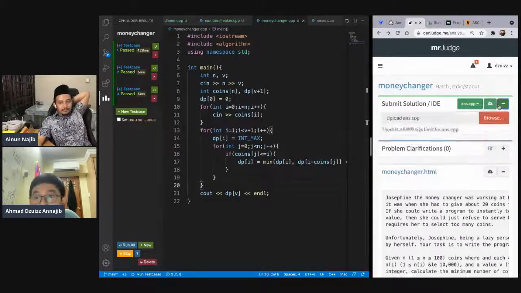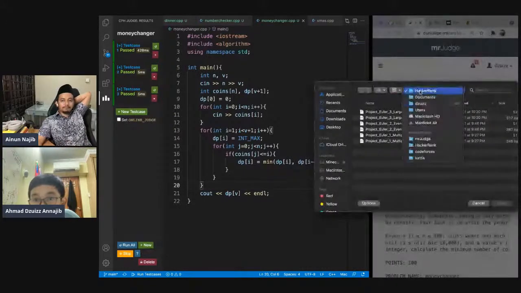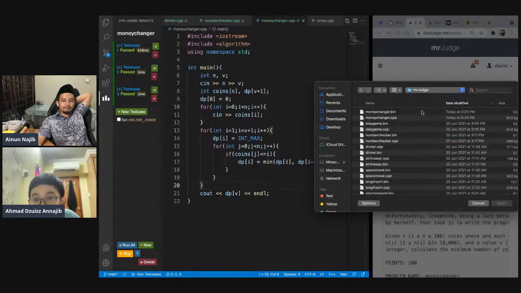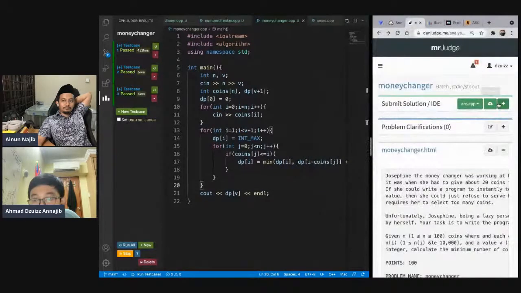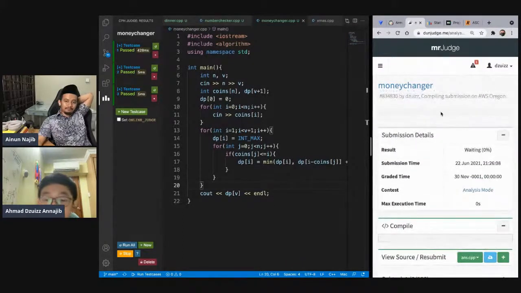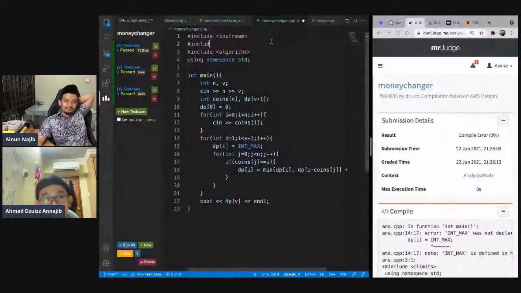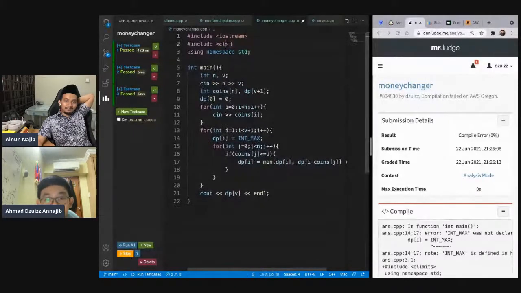You can submit. I think you will get accepted. Oh, you need to include climits. It's not inside algorithm.